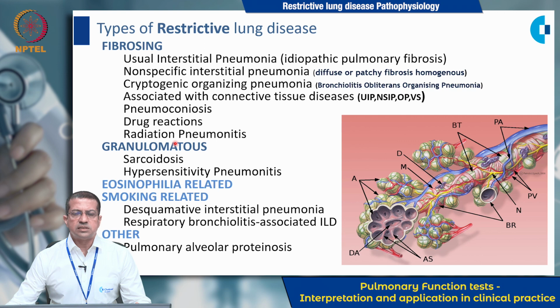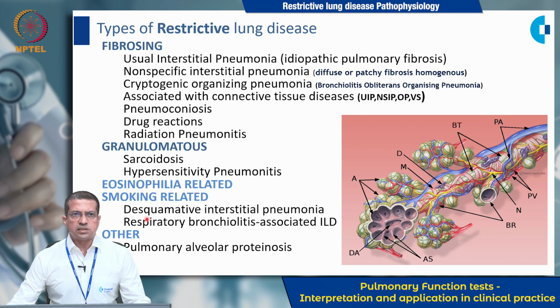Granulomatous lung disease is nothing but some kind of inflammatory response to an irritant which will engage the inflammatory cells and form a nodule-like thing and thicken the alveolar wall as well as the bronchial wall. So, we are going to see all these things in a detailed manner.